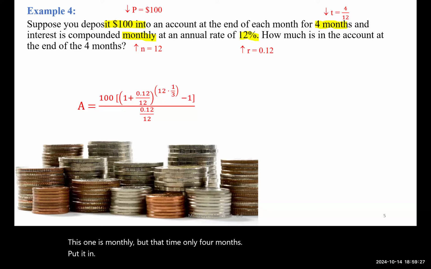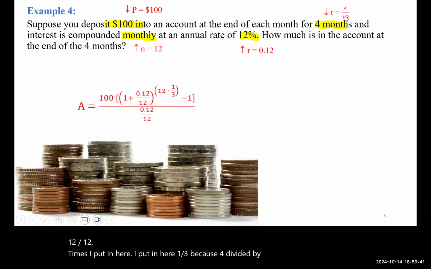100 times 1 plus 0.12 over 12, raised to 1/3, because 4 divided by 12, so that is 1/3.